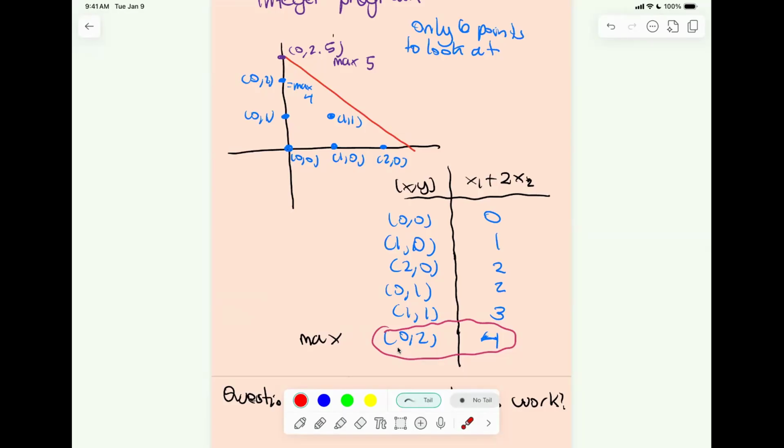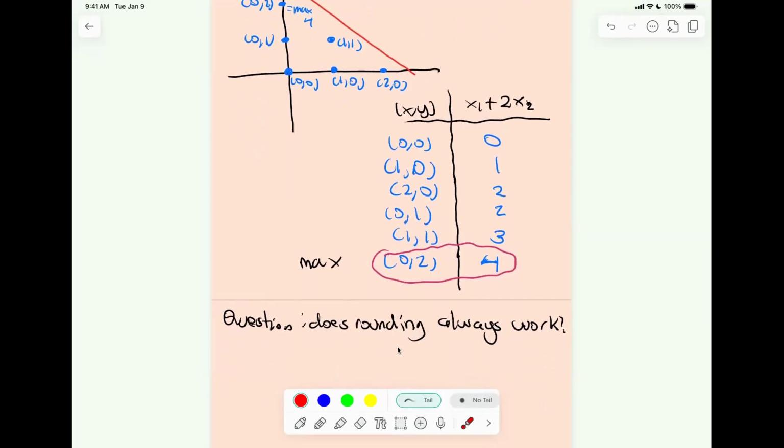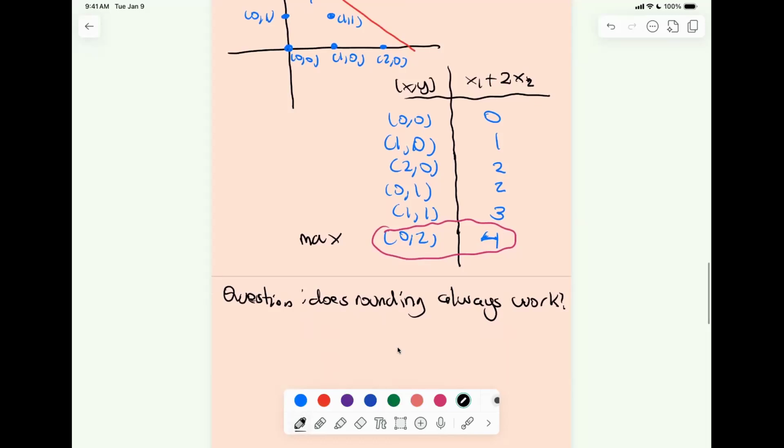But it's even worse than that. So let me do this other example. Example 2.